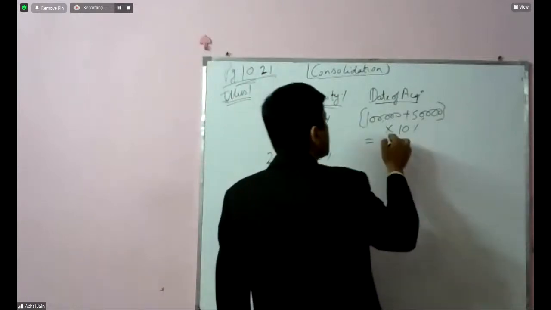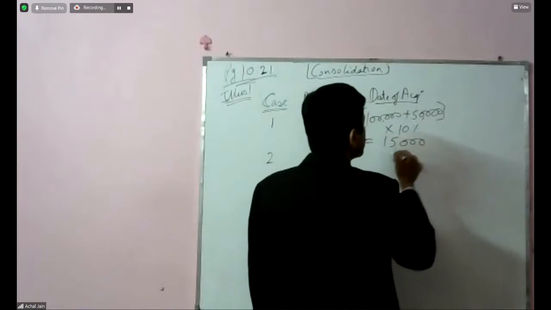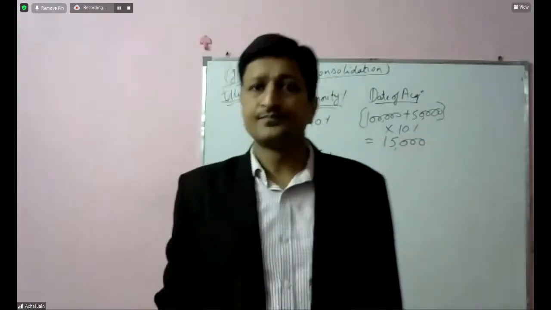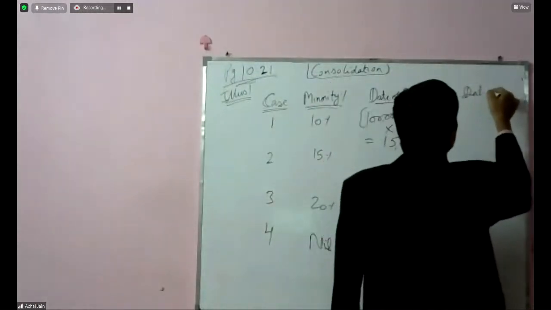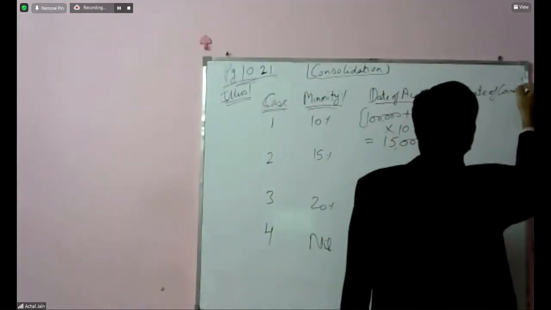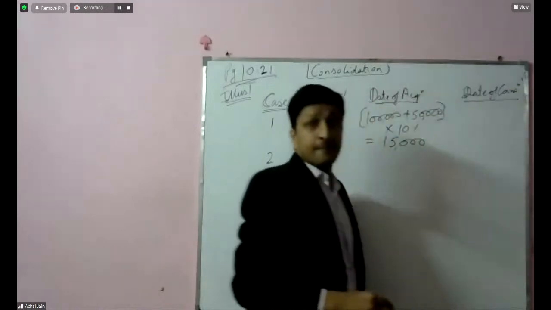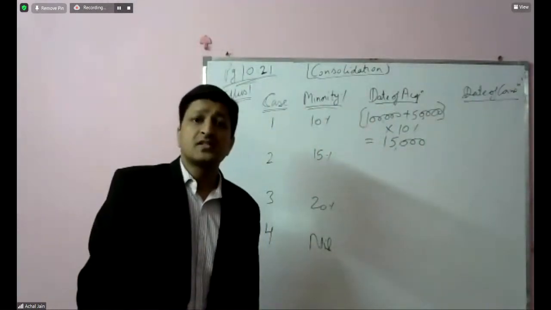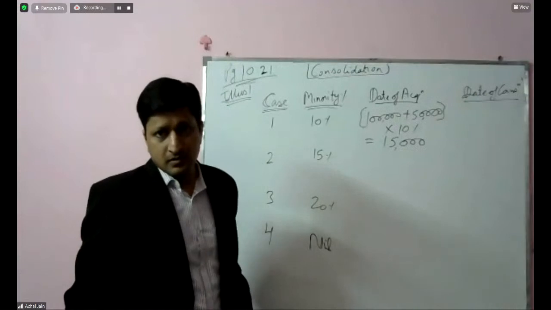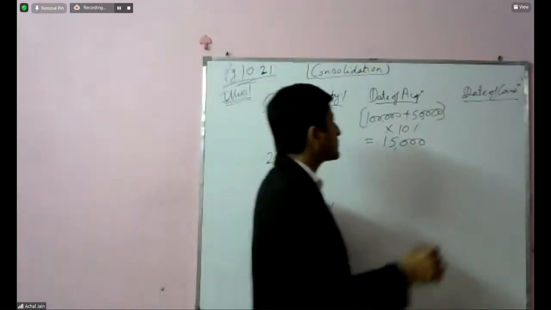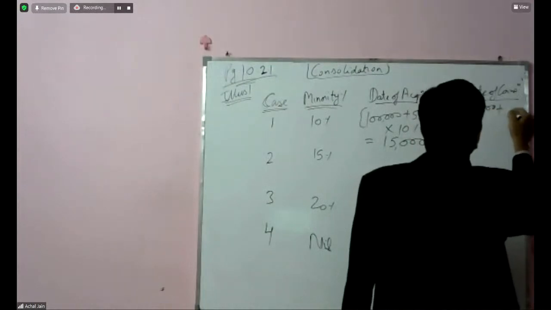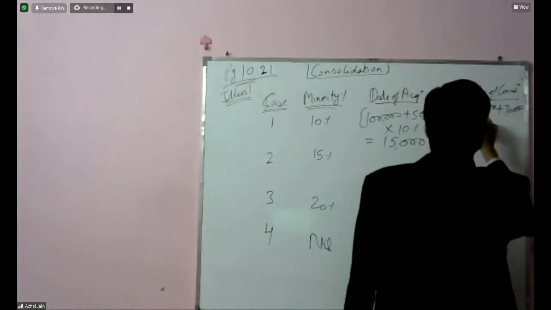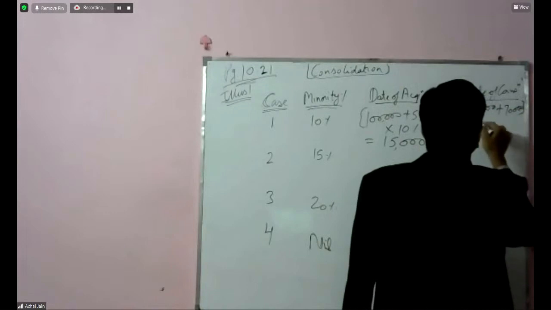So that means 15,000 will be the share. On the date of consolidation, what is the amount of net assets? 1 lakh plus 70,000, into 10%.